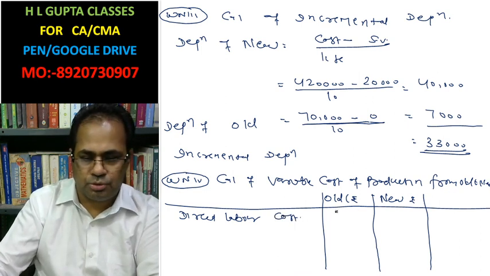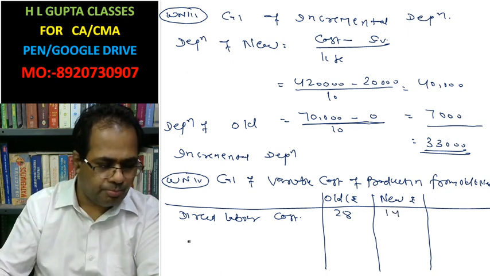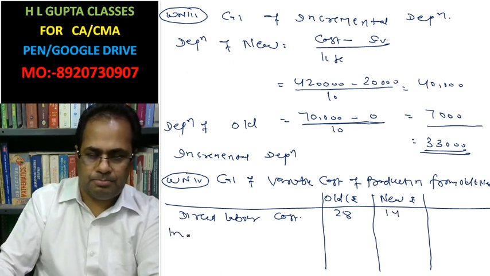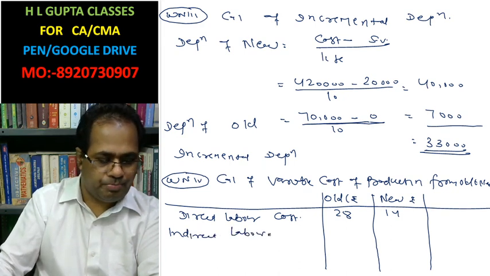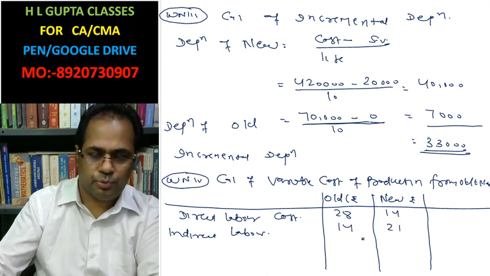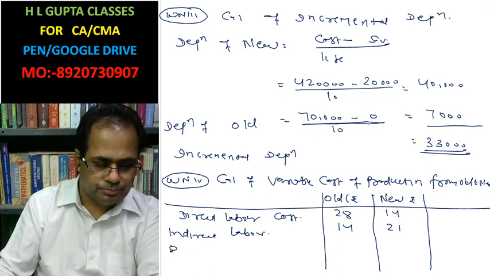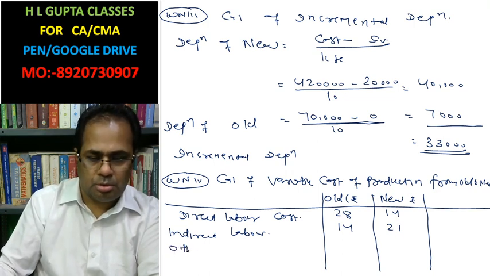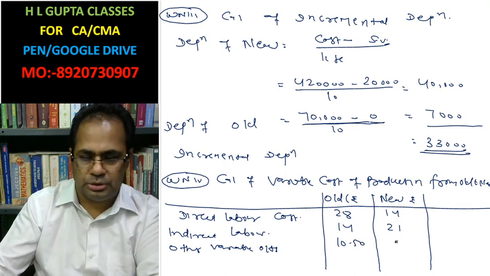Labor cost from old is 28, new is 14. Indirect labor: old is 14, new is 21. Other variable overhead: old is 10.50, new is 7.